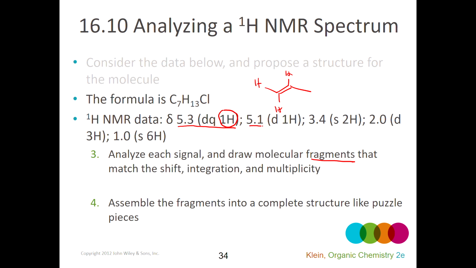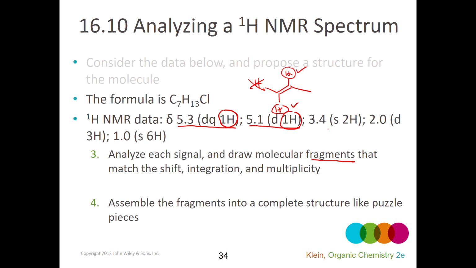But I also have another signal that indicates a hydrogen on the double bond that also has an integration of 1. So that tells me in my structure, somehow I'm only going to have 2 hydrogens on the double bond. Because if I had a third one, that one would also come between 4 and 6, and that would add to the integration or give me another signal. I've only got 2 signals that come between 4 and 6, and a total integration between the two of them of 2 hydrogens. So I can only have 2 hydrogens attached to my double bond. So I'm starting to put some fragments together for what the structure might look like.